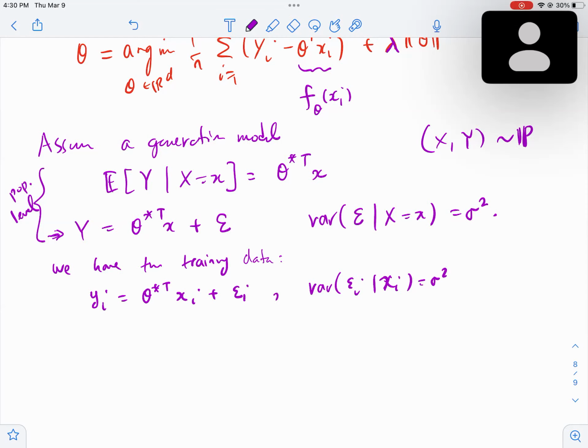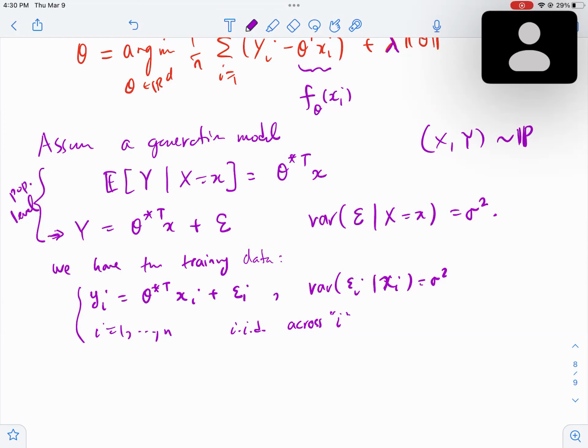And then IID, so i from 1 to n, independent across i. So independent samples, each yi is like this, plus some noise, which is like that.